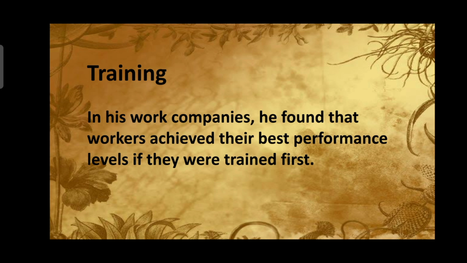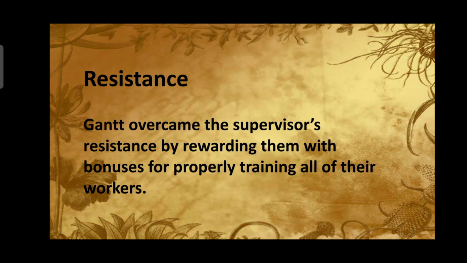Finally, Gantt, along with Taylor, was one of the first to strongly recommend that companies train and develop their workers. In his work with companies, he found that workers achieved their best performance levels if they were trained first. Next is resistance.